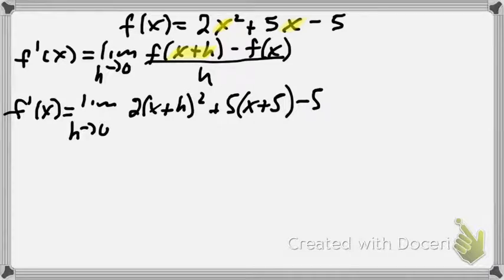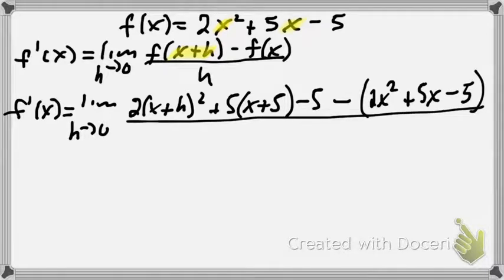And then minus your f of x, which is 2x squared plus 5x minus 5, all over h.